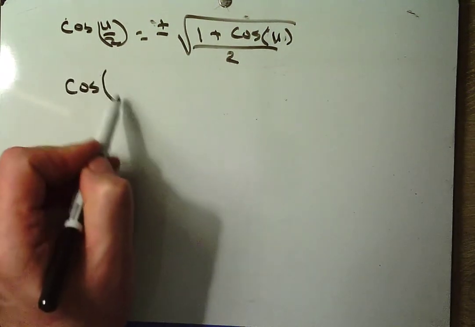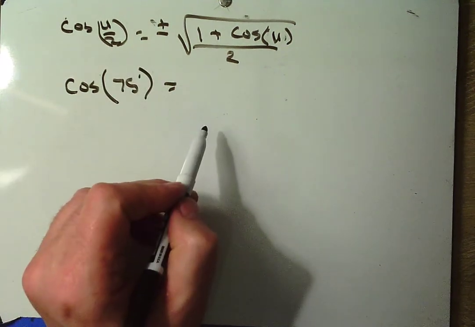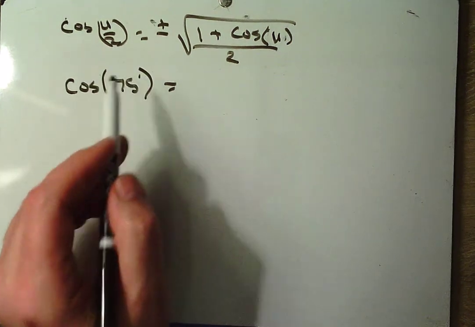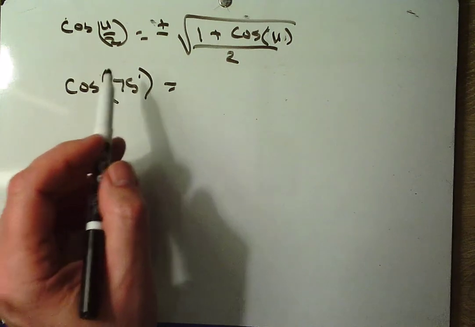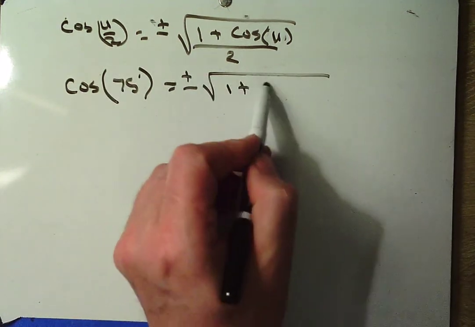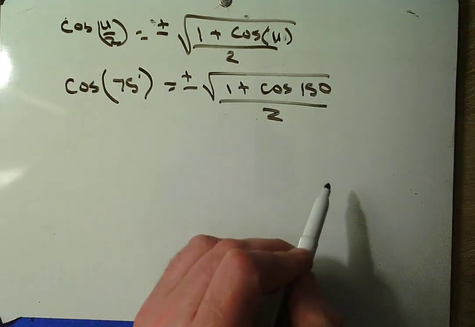So what about cosine of 75 degrees? Well, we did this with sum and difference formulas, but we can also do it with half angles, because 75 degrees is half of an angle I know. 75 degrees is half of 150. So 1 plus cosine 150 over 2.